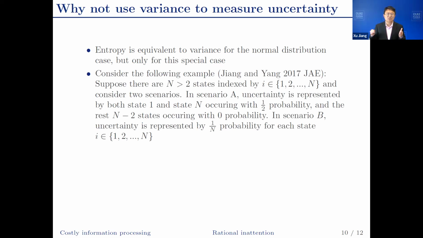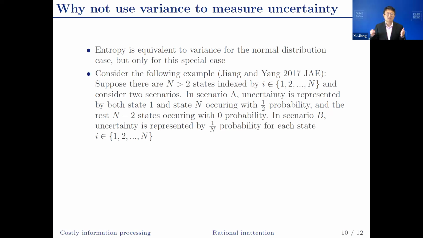Consider the following example from one of my papers. Suppose we have n states, where n is bigger than 2. And let's consider 2 scenarios. In scenario A, uncertainty is represented by a 1/2 probability of the state being 1, and a 1/2 probability of the state being n. The remaining n minus 2 states occur with 0 probability.